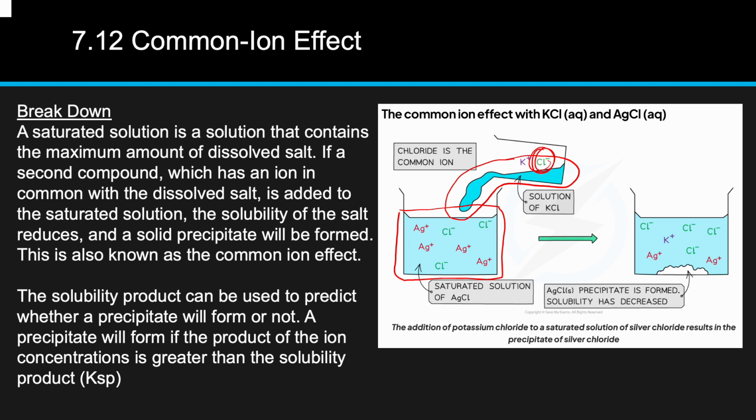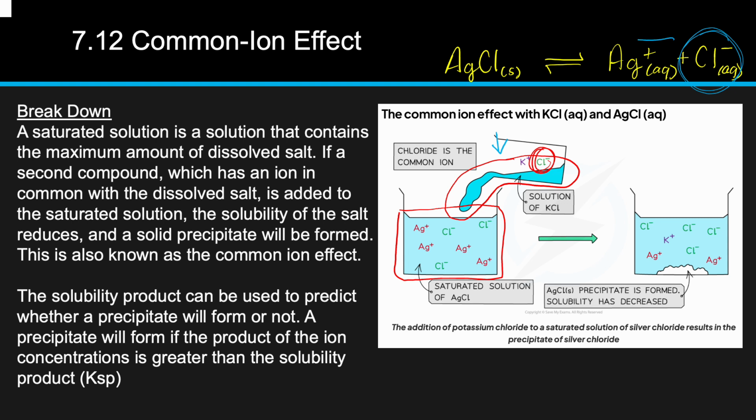So let's just look at our equilibrium equation for AgCl. When we add in that KCl solution, we are increasing Cl- in this equilibrium. And by doing that, if I increase the concentration of a product, I'm going to shift towards the reactants.